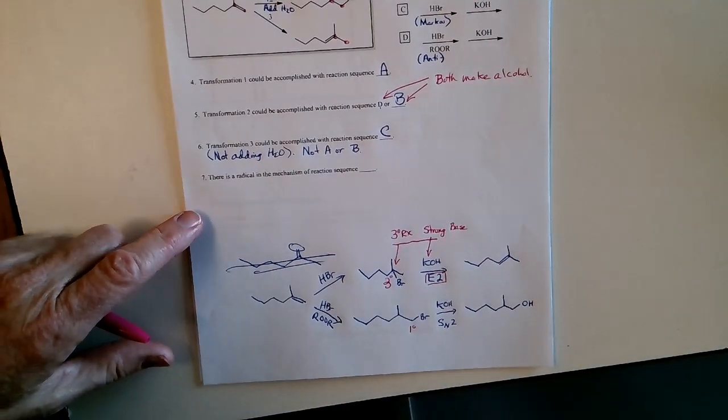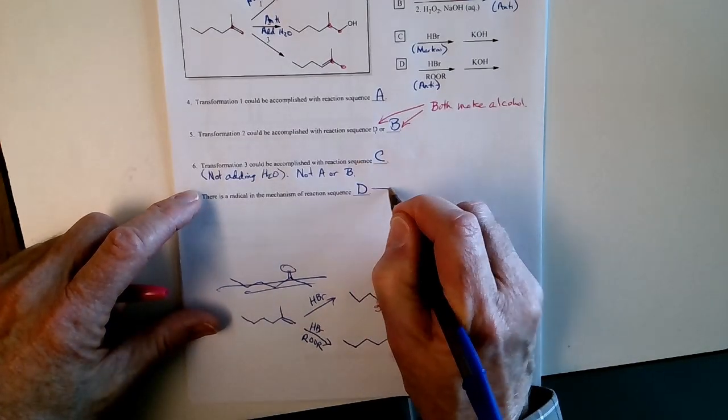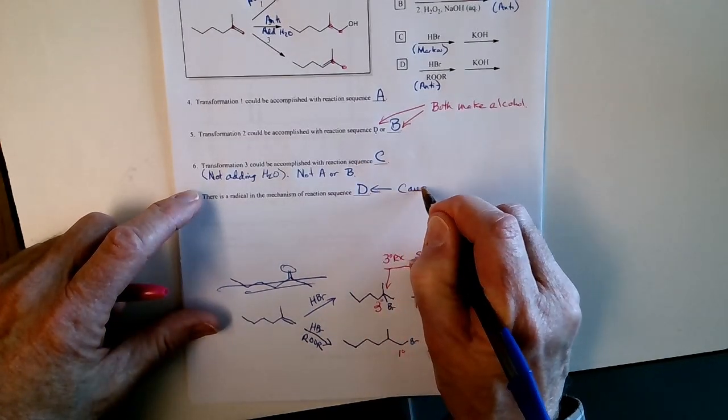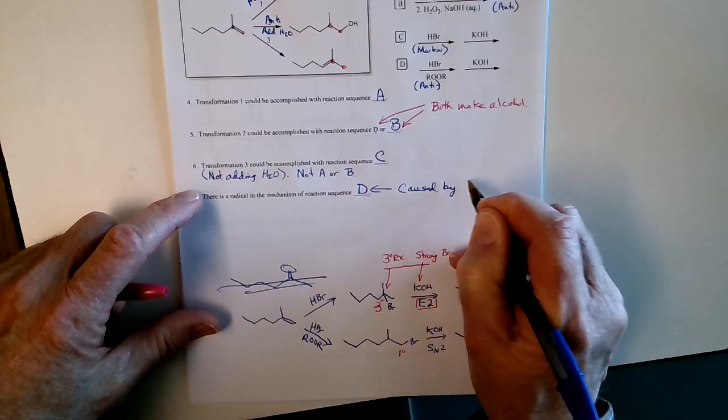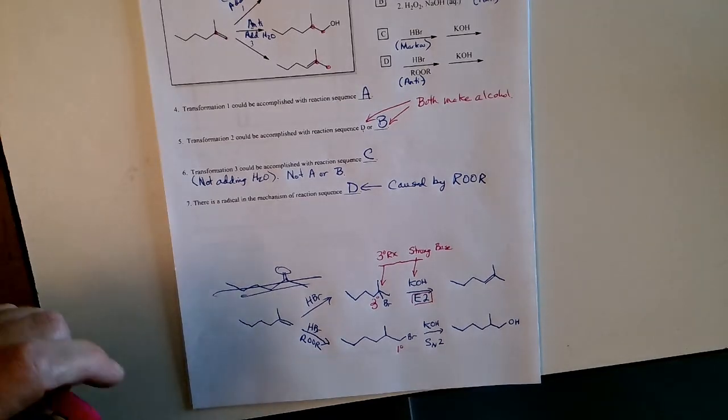And there's a radical in the mechanism of reaction sequence D. This is caused by, that's always your clue, so you'll see that second semester, your peroxide. I don't know that it was planned to make the answers in order A, B, C, D, but that's the way it worked out.